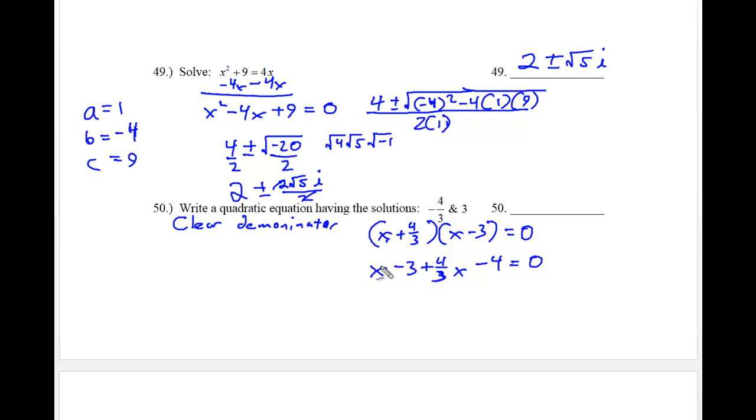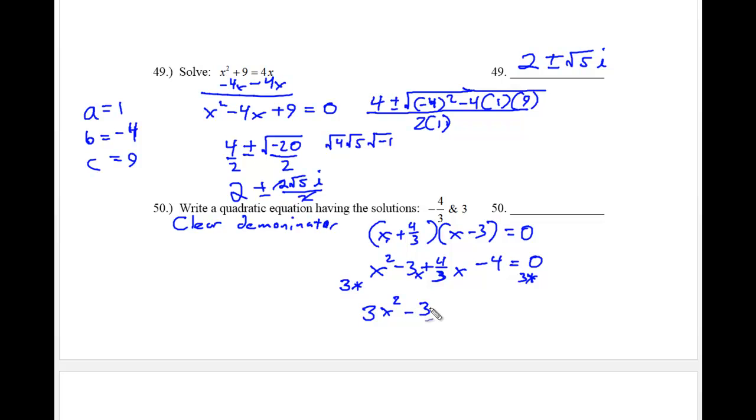Now, normally I would combine my middle two terms. Normally I would combine these middle two terms, but instead I'm going to multiply everything by 3. And the reason why I want to multiply everything by 3 is because that will clear my denominator. The 4/3 will become a 4. So my first term is 3x squared. I forgot my x squared there.